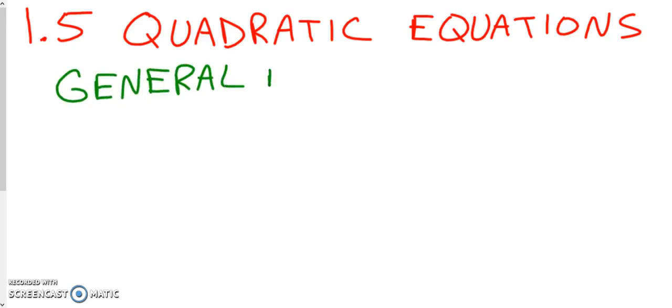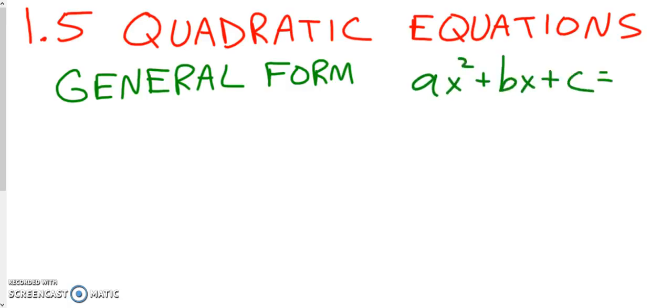So the general form for a quadratic equation would be ax squared plus bx plus c equals 0. One of the things that's most useful in solving a quadratic equation is factoring.